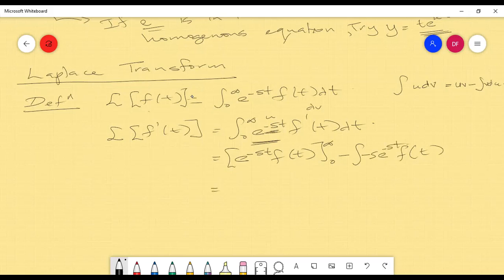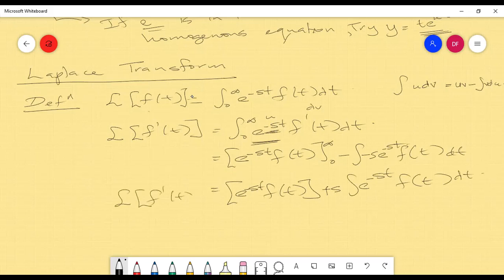So that is going to be, let me just write it back. e to the minus st f of t, and taking out the minus s it becomes plus, and this is the same definition that we started with. So the Laplace transform of f prime of t is going to be equal to this.